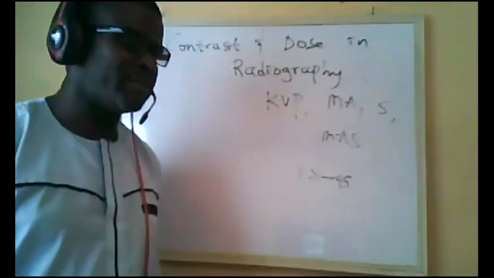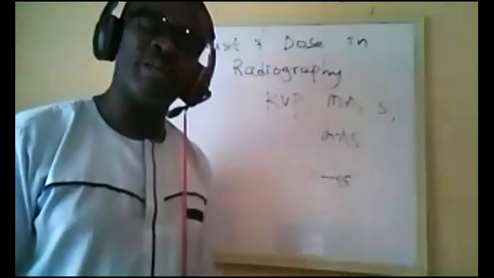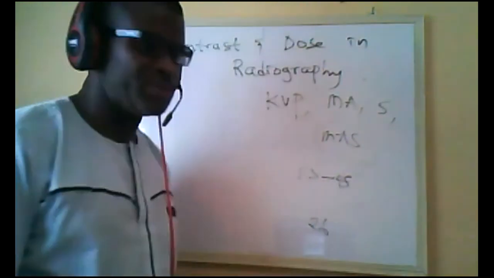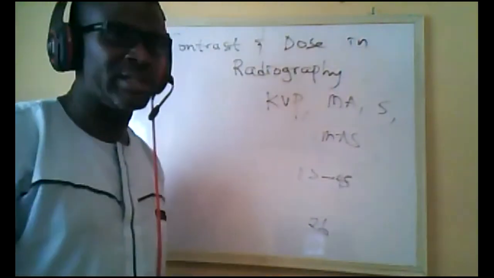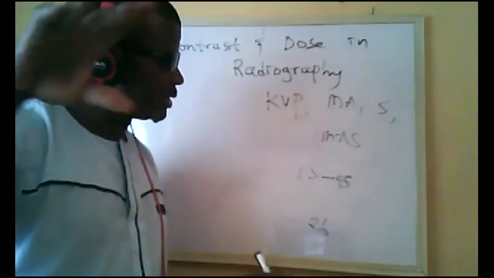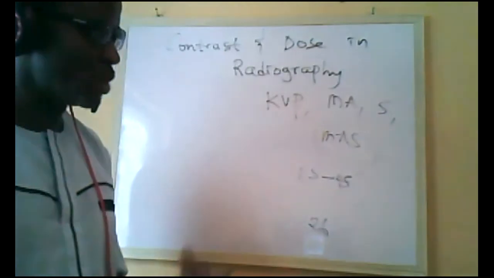We have the photoelectric effect and the Compton scattering. They become equal around 26 kVp for tissue. Then for bone, you go close to around 35, where the photoelectric effect and Compton scattering become equal.